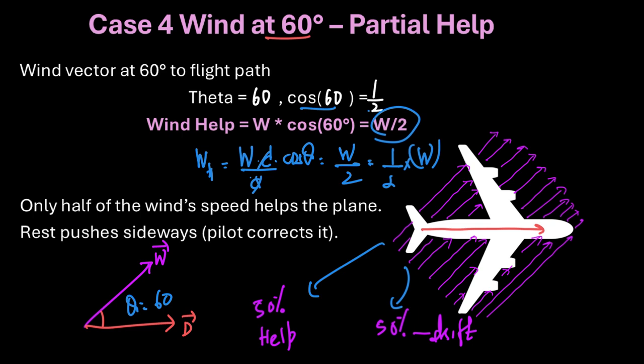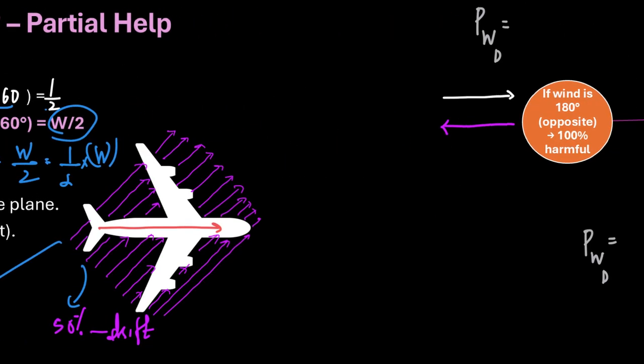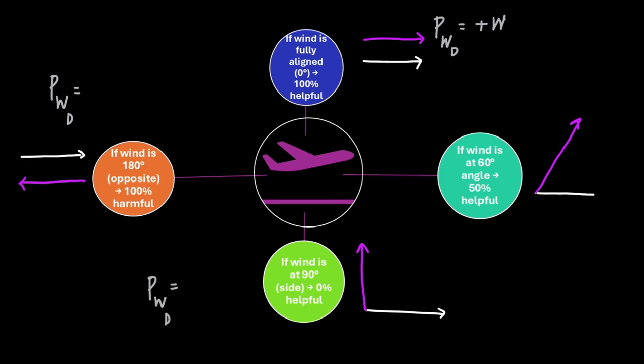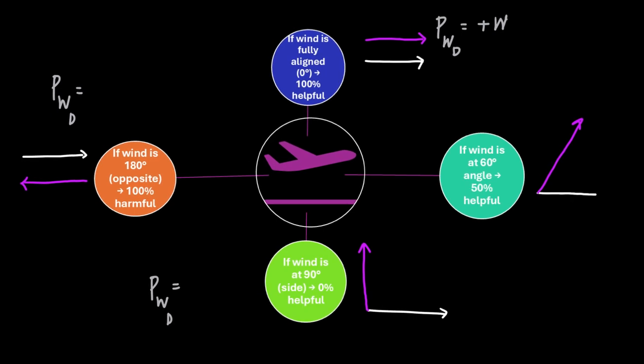Okay. Right. Now, we did compare four different cases. One, wind is fully aligned, angle is 0 degrees, 100% helpful. Wind is opposite, angle is 180 degrees, 100% harmful.